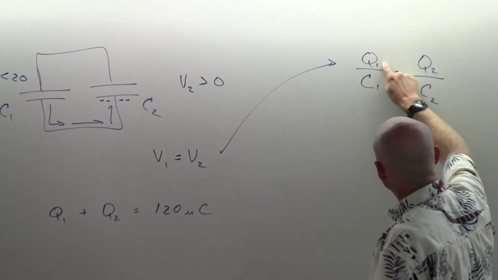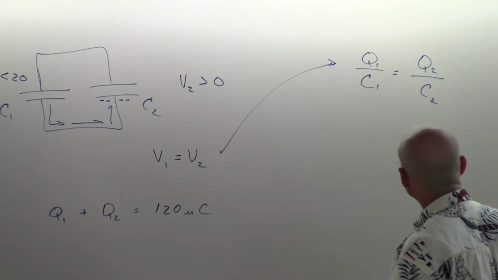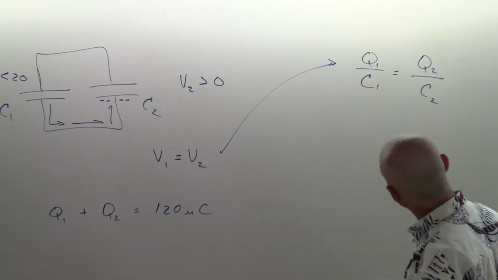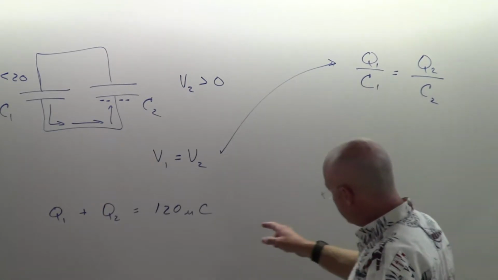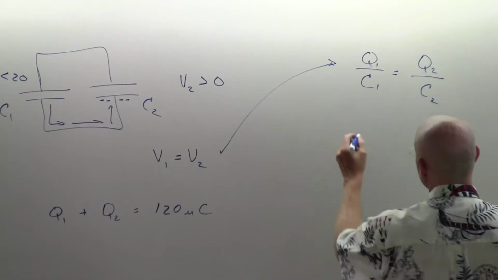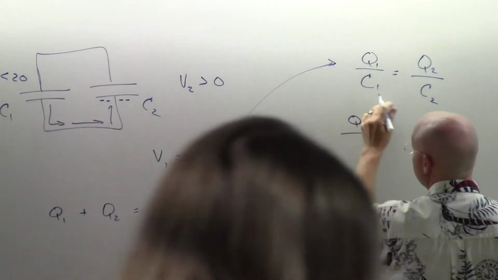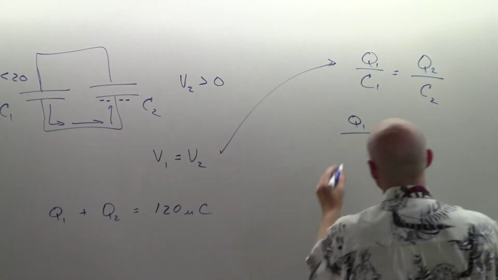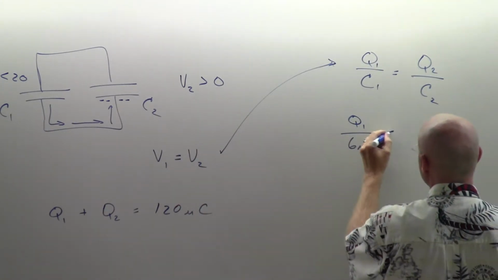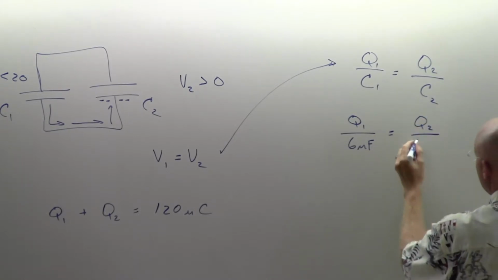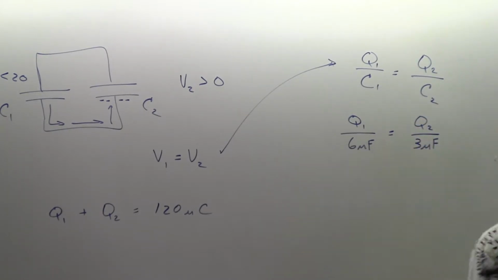And so charge number 1, well, I'll deal with fractions. But this is charge number 1 divided by capacitance number 1, which, what did we say that was again? 6 microfarads. And this one, charge number 2, then over 3 microfarads.